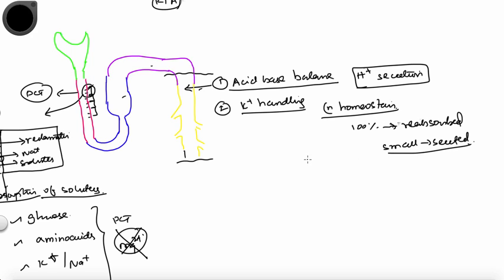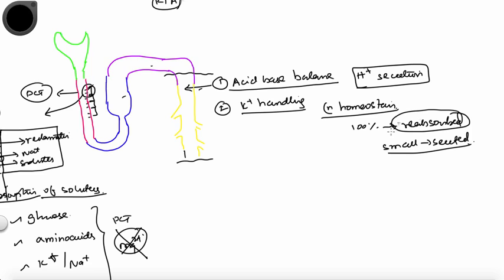But when you have some hyperkalemic states, this can reverse, and a lot more potassium can be secreted than is reabsorbed. So what I'm trying to tell is, under normal homeostasis, a lot of potassium is reabsorbed and not secreted. When there are hyperkalemic states, this can reverse, and a lot of potassium can be secreted into the urine by the distal part of the nephron.